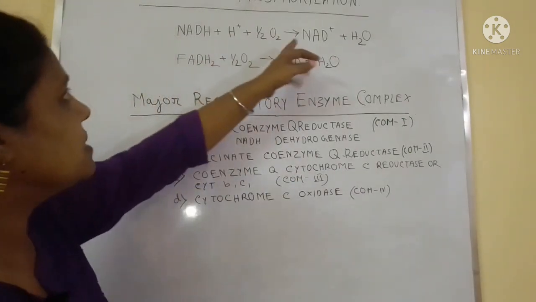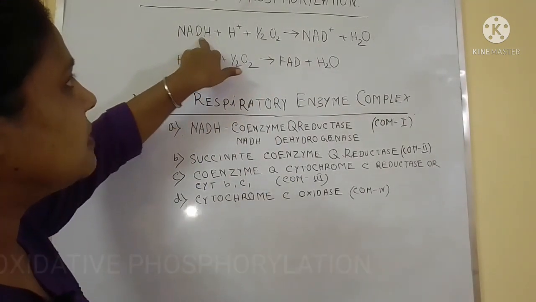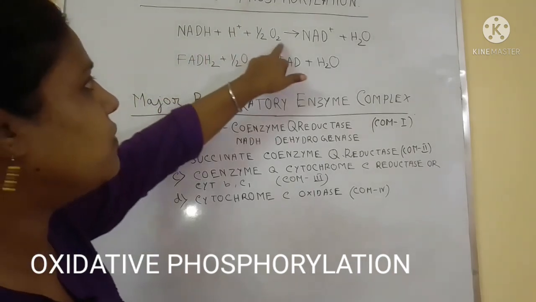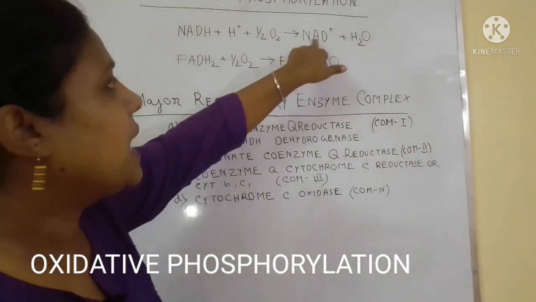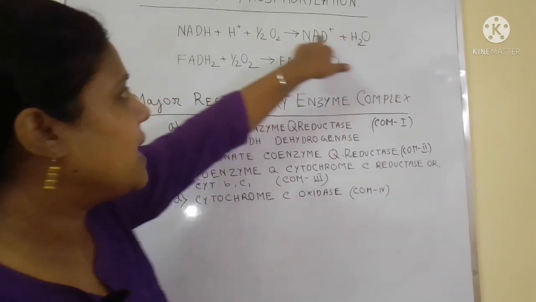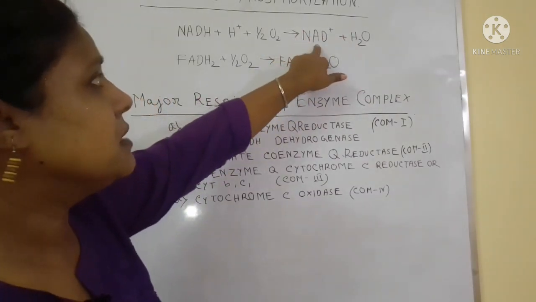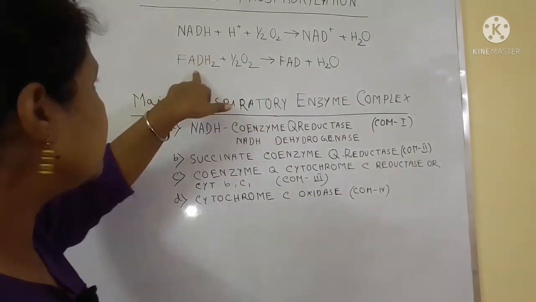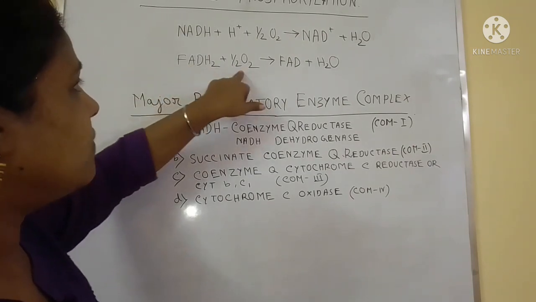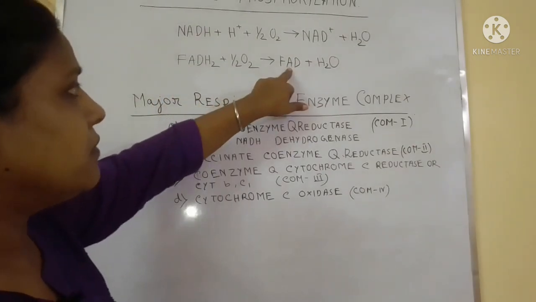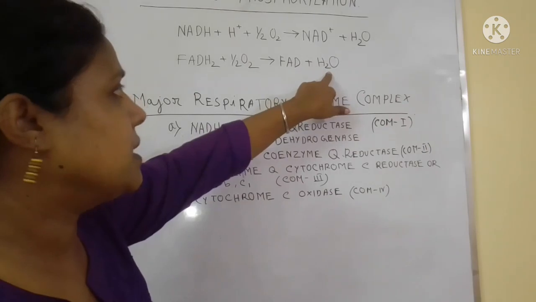Here are the reactions. You can see NADH plus H plus and half O2 form water, and here NAD plus forms. And second, FADH2 plus half O2 then forms FAD and water.